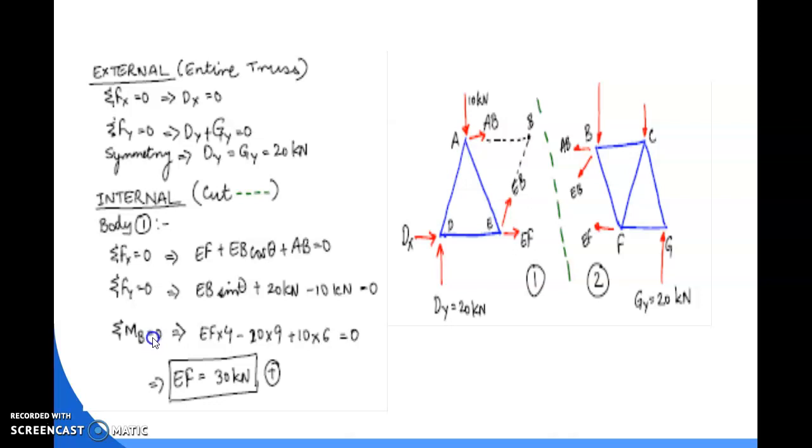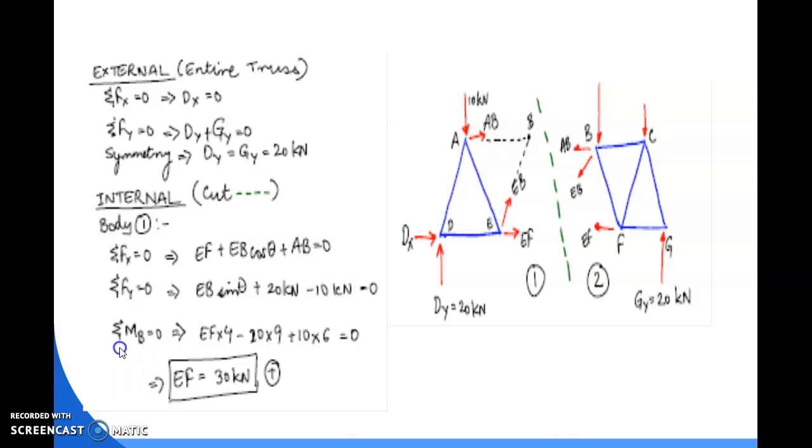Always remember, in the method of section, we need to find a suitable point. Choose the nearest joint to the sectional part. If the section is this, then the nearest point is B. So we have to choose the point B, and calculate the moment about B.